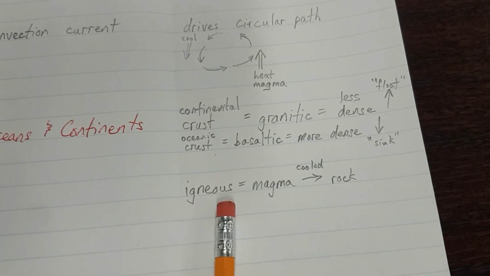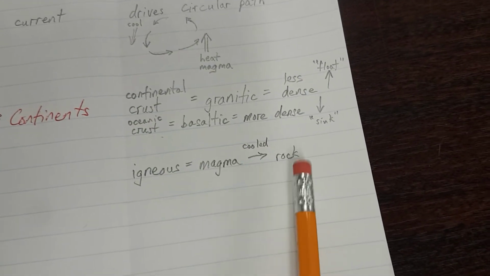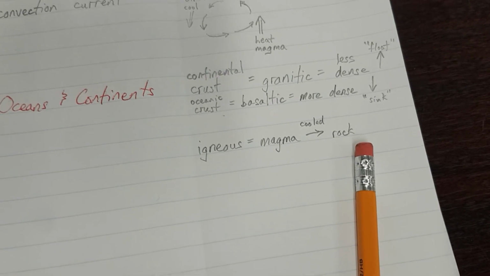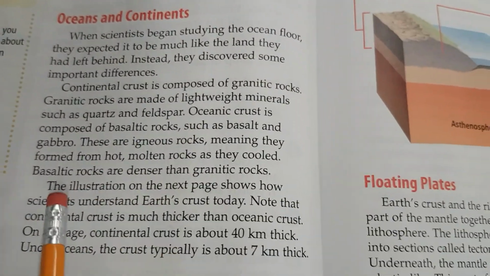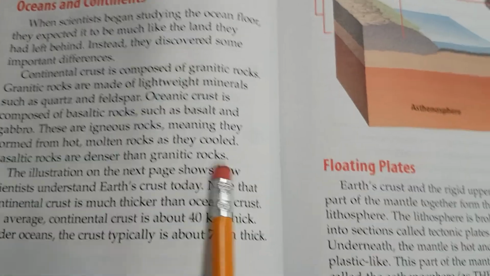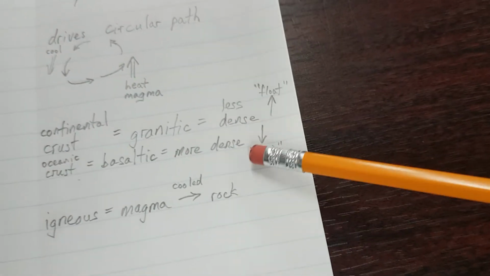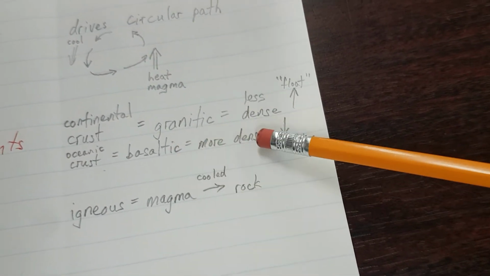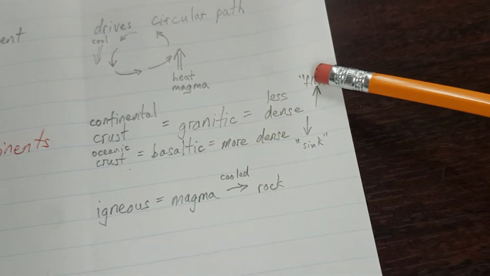So igneous means that magma cooled into solid rock. Basaltic rocks are denser than granitic rocks. Okay, we have that here. Basaltic rocks are more dense than granitic rocks, which are less dense.